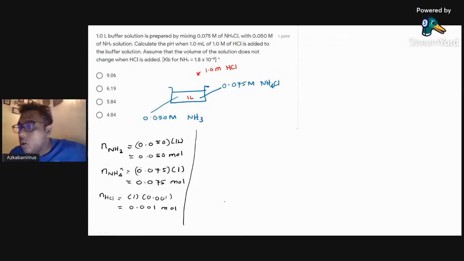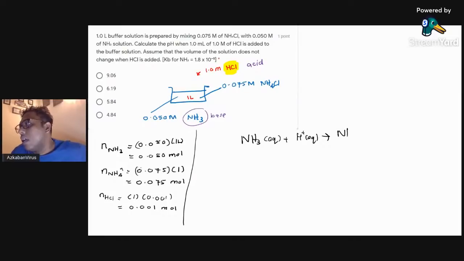Remember, you masuk acid. Ini adalah acid. Okay. Acid akan react dengan siapa? Acid akan react dengan base. So, equation dia akan jadi NH3 tambah H plus. Dia akan jadi NH4 plus.